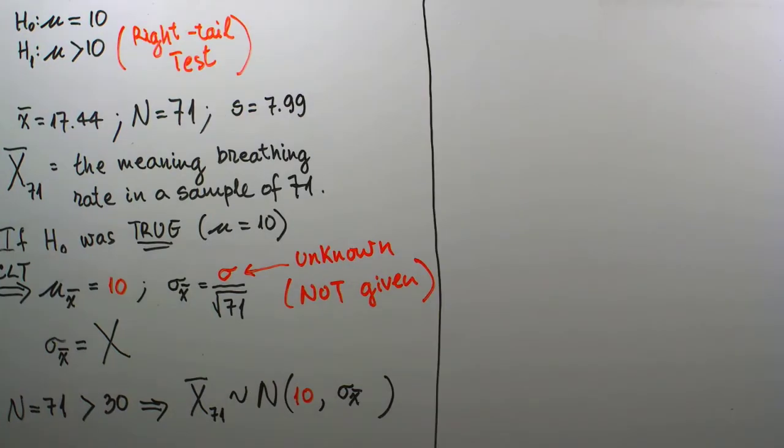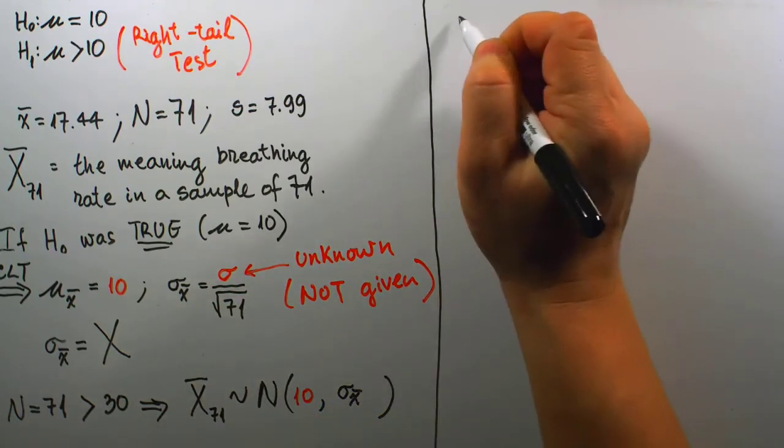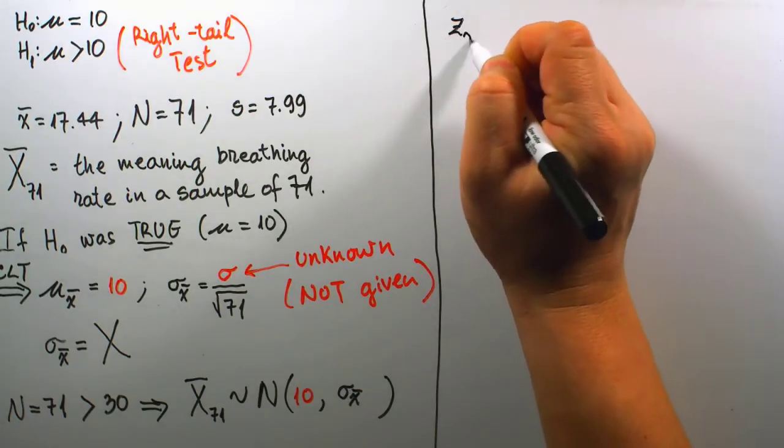values. So think about, if we had our sigma for this problem, then the next step would be calculating the z-score for our sample.